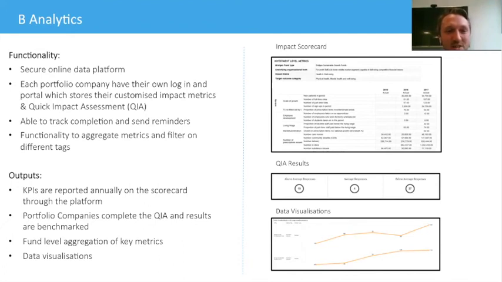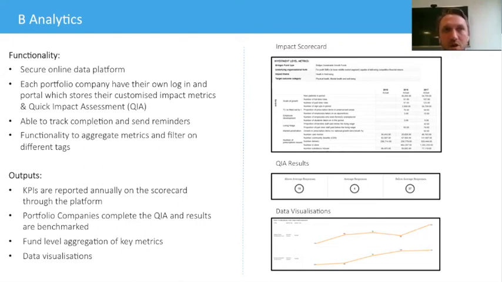In terms of functionality around aggregation, a key use for the tool for us is that our portfolio is a real mix of different businesses. So we have gyms, we have social care businesses. So obviously the metrics are very different, but where we can, we're trying to aggregate common metrics. So the system allows you to do that.